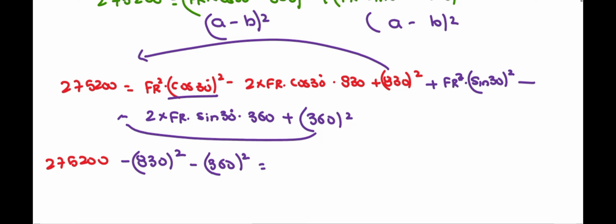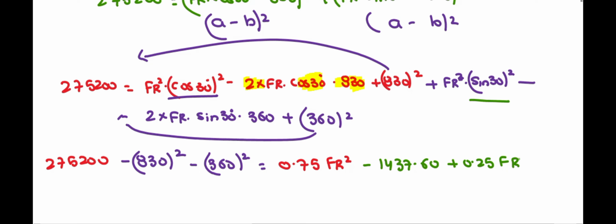to cos 30 degree whole square, which equals 0.75 FR square. Similarly, multiply 2 with cos 30 degree with 830, so you will get negative 1437.60. Similarly, sine 30 degree whole square equals 0.25 FR square.